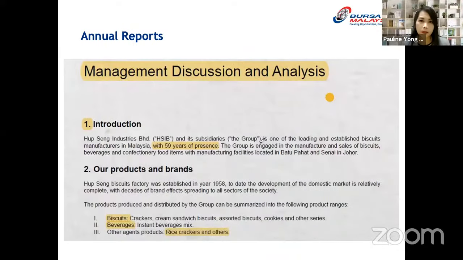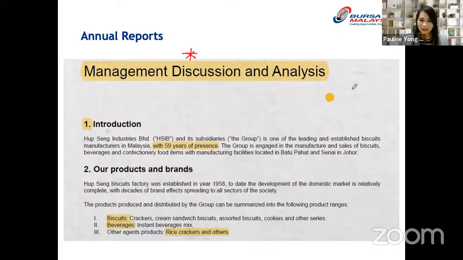And the important part about the annual report is the management discussion and analysis. If you want to read your annual report effectively, that's the theme of today, effectively, you go straight to the management discussion and analysis.